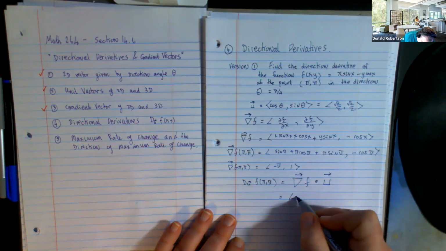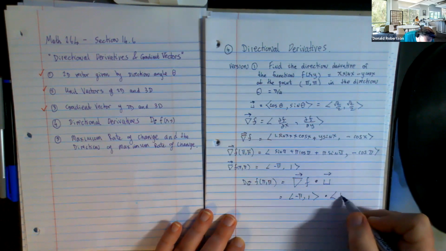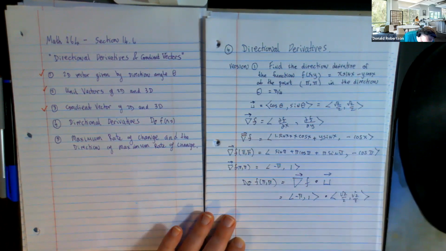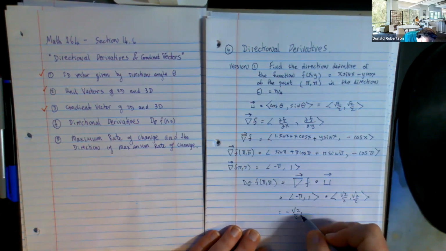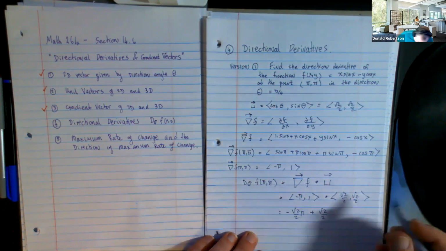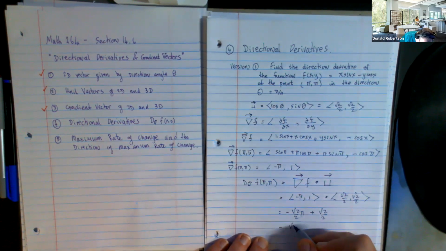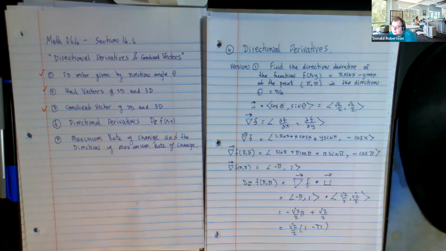And the gradient vector is that guy, and u is that guy. So what does that get me? Negative root 2 upon 2 pi plus root 2 upon 2. That's good enough. I guess you could pull out that, make it look slightly prettier, but it's correct in both cases.